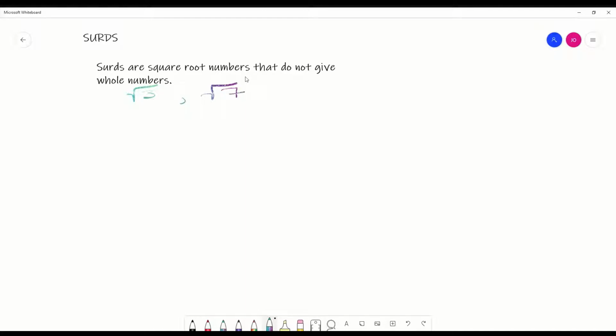So there are a few aspects of surds that we're going to look at. We're going to explore some of these, and the first one we're looking at is multiplying surds.